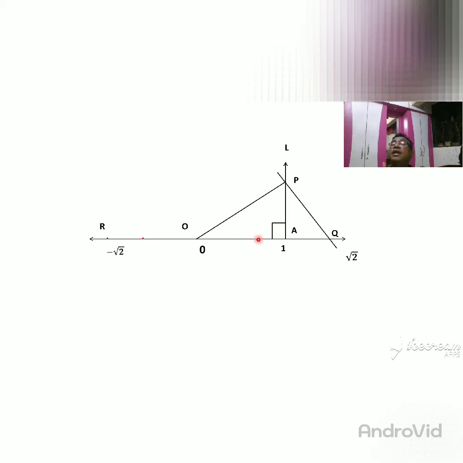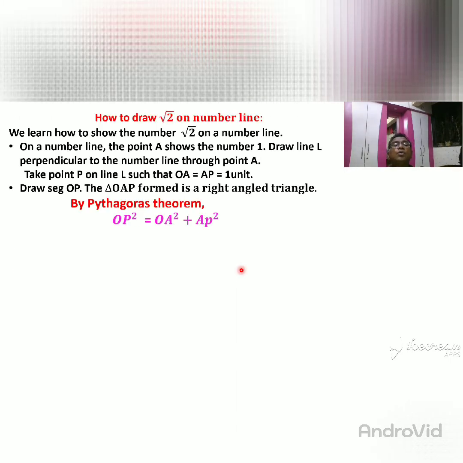When it is a right angle triangle and you want to find this hypotenuse, the side opposite the 90 degree is the hypotenuse, then you can use the Pythagoras theorem. So by Pythagoras theorem, hypotenuse OP square, OP square is equal to OA square plus AP square.